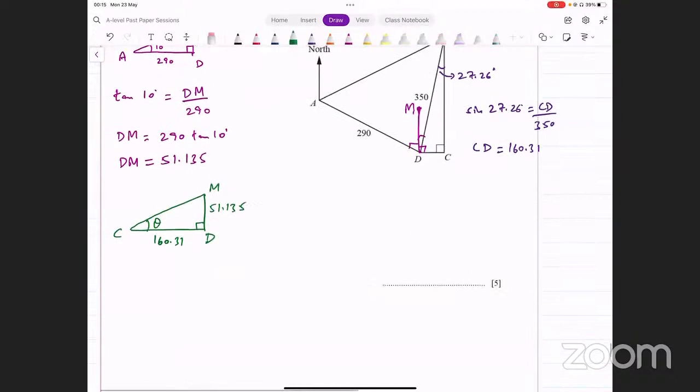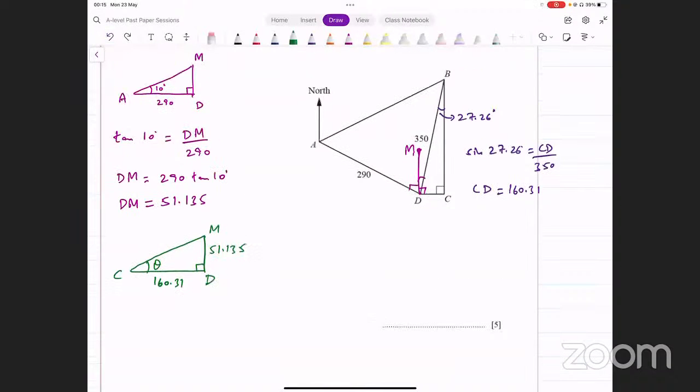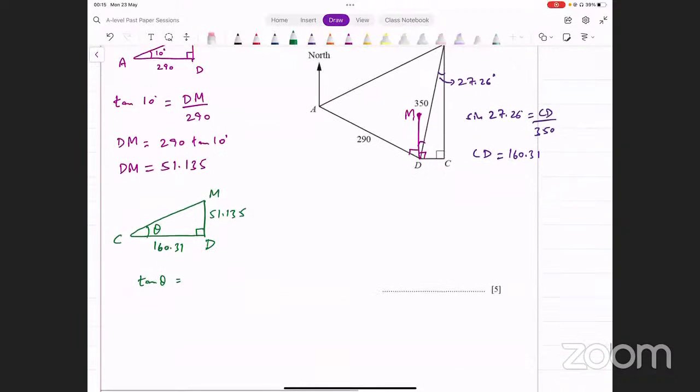Now you have another right angle triangle, and you need to find this theta. With respect to that angle, this is the base and this is the perpendicular, and the relationship between perpendicular and base is tan. Tan theta is equal to perpendicular, which is 51.135, divided by the base, which is 160.31.